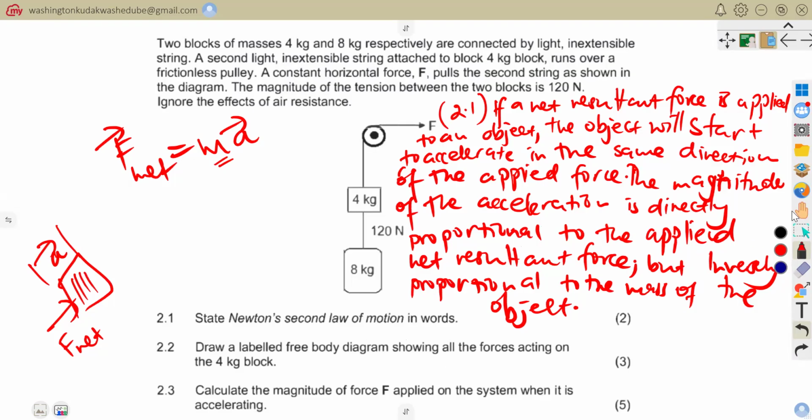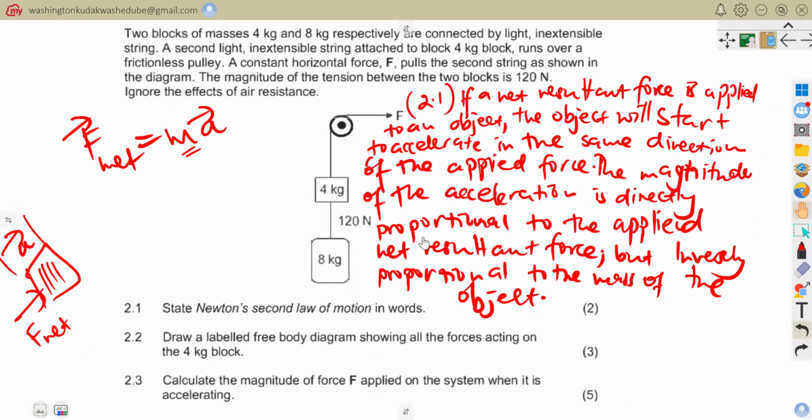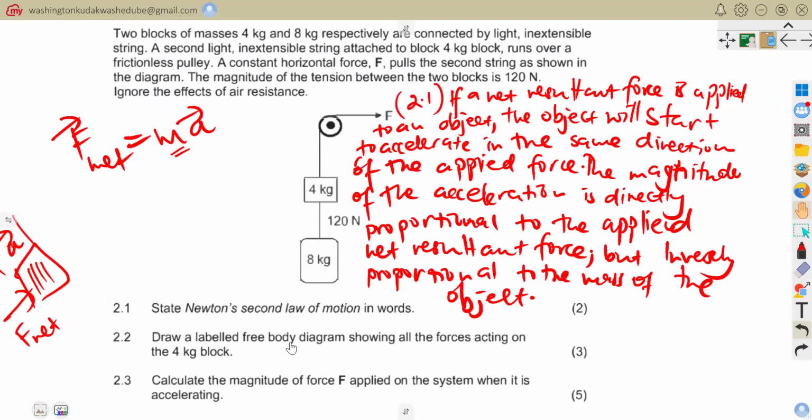Now, they are saying draw a labeled free body diagram showing all the forces acting on the 4 kg block. This is the 4 kg block. We can see that we have this applied force F that is pulling the block up, and then the weight of the body due to its mass. So we have the weight.